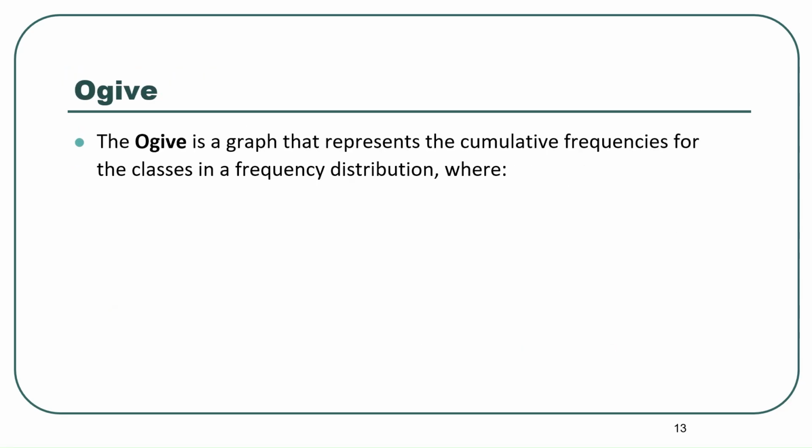Ogive. Before we see a histogram, let me talk very quickly about the ogive. The ogive is also a graph that could be used for continuous variables in a grouped frequency distribution.